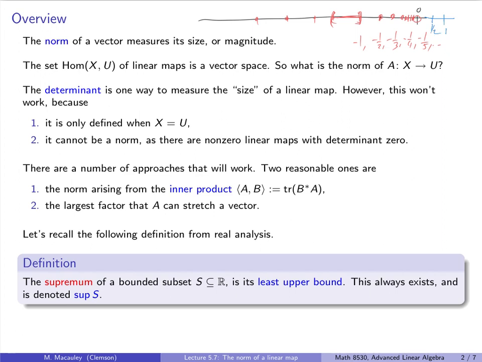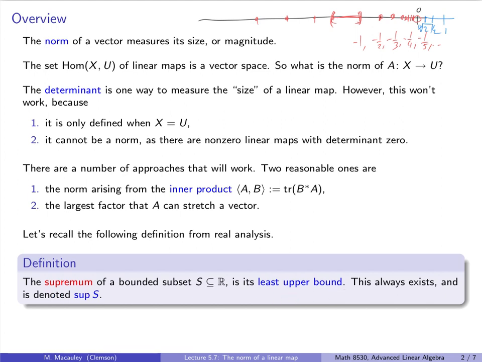So is the 10th root of 2, etc. But there is always going to be a unique smallest upper bound. In this case, it's going to be 0. It may be in the set or may not be, but in general, it doesn't have to be. In this case, it's not. It is an upper bound of the set, and it is the least upper bound.